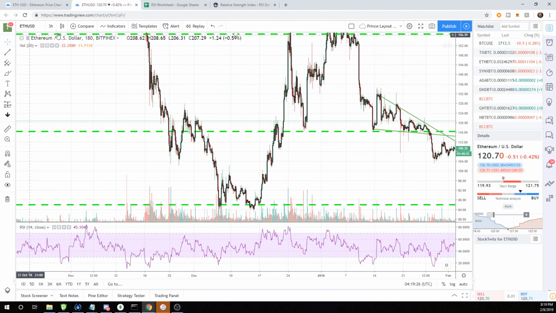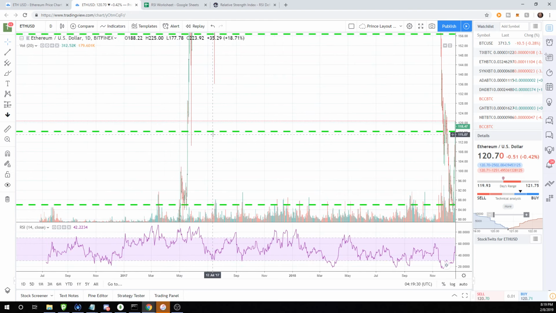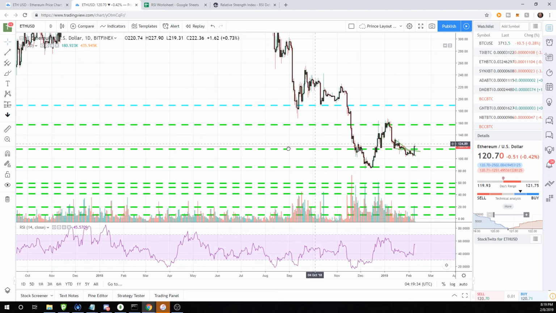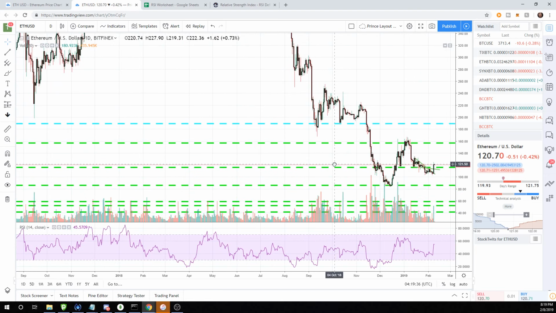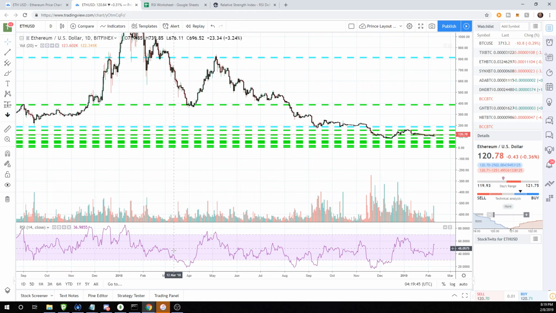Now, I'm just going to go out to the 1 day here. What's happening here is that this is showing us trends that traders are trading against. More to the point, it's showing us that when traders see an RSI below 30 or an RSI below 20, they react. Okay?